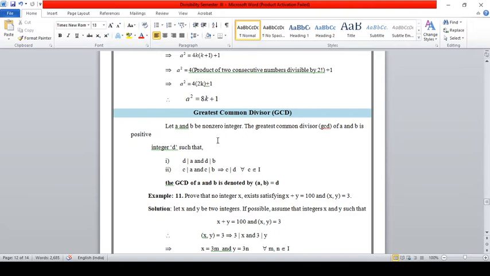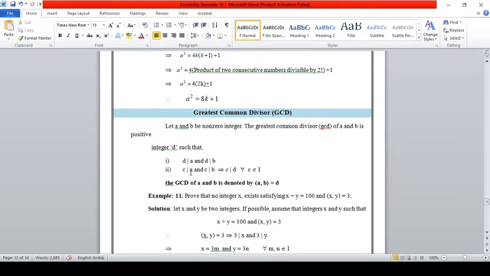Now this is the most important and interesting concept: GCD, greatest common divisor. This is already explained in 4th, 5th, 6th, 7th and lower classes. Let a and b be non-zero integers. The GCD or greatest common divisor of a and b is a positive integer d such that we have two conditions. First, d divides a and d divides b.